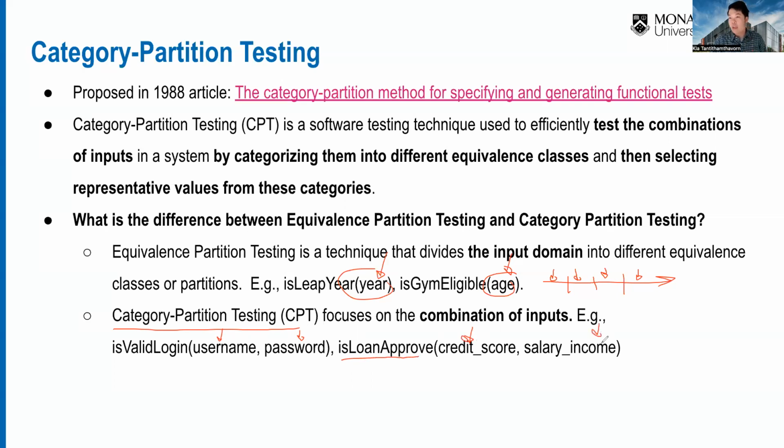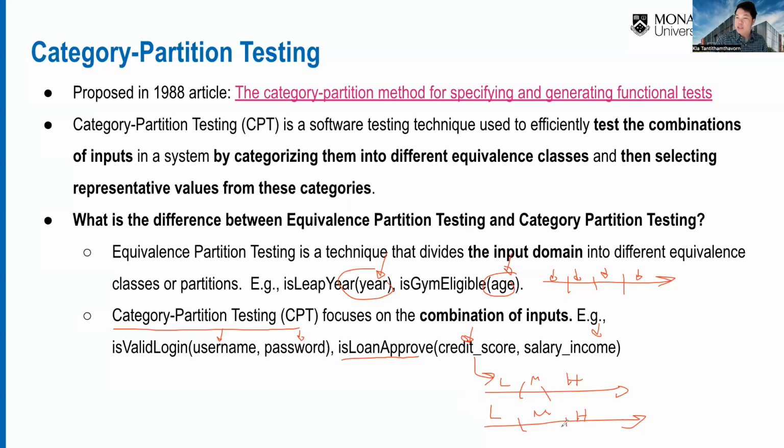It becomes more difficult because, let's say, credit score can be low, medium, and high. Sure, we can have three partitions here. And salary income also low, medium, and high.